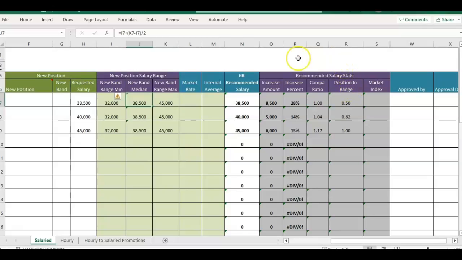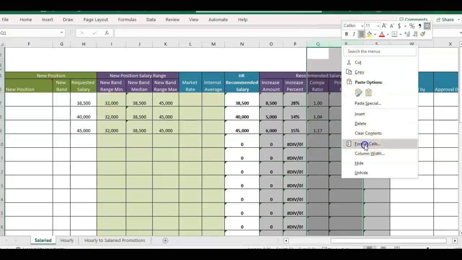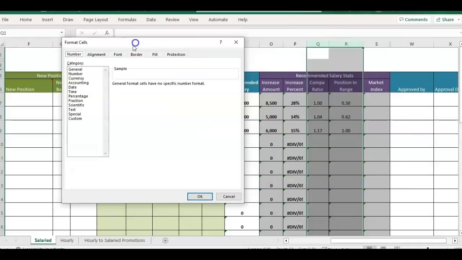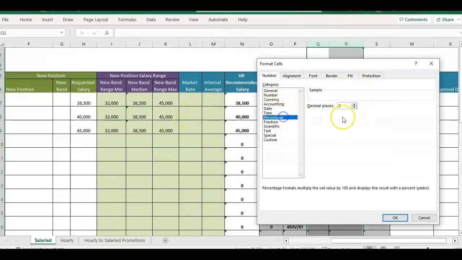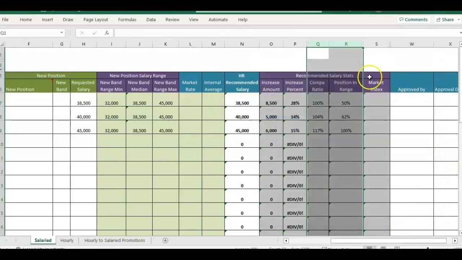So with both of these metrics, you can show it as a ratio as it is here, or we can also change it to a percentage, which I'm just going to do really quick because I like the percentages a little bit better. I'm going to do percentage with no decimal. Easier to read, a little bit easier to look at, right?